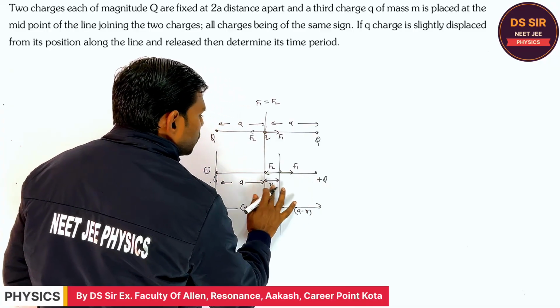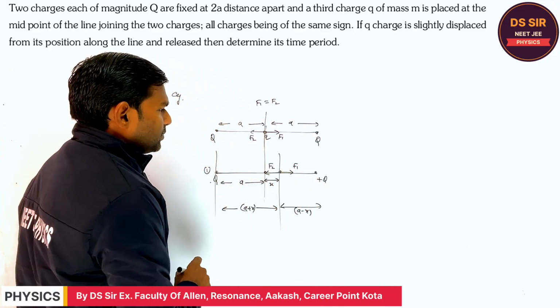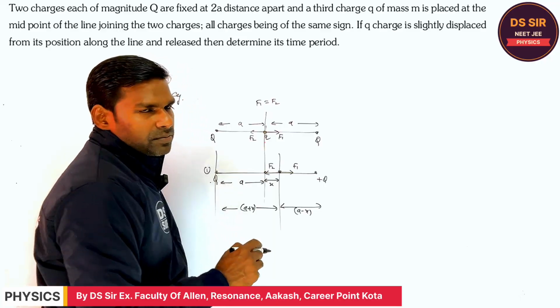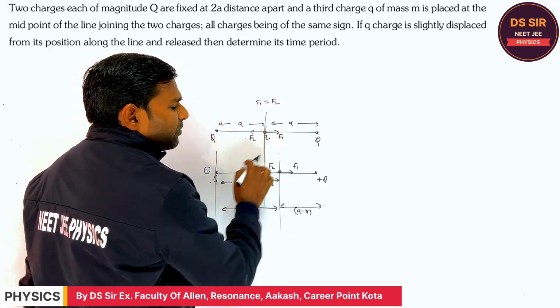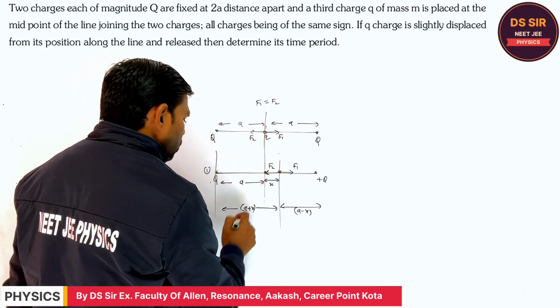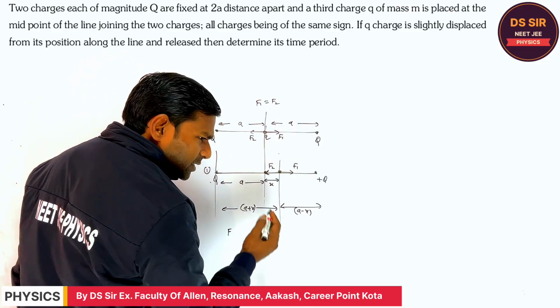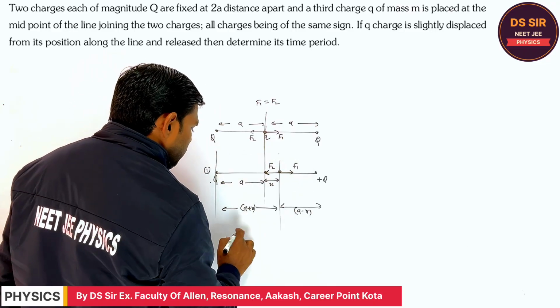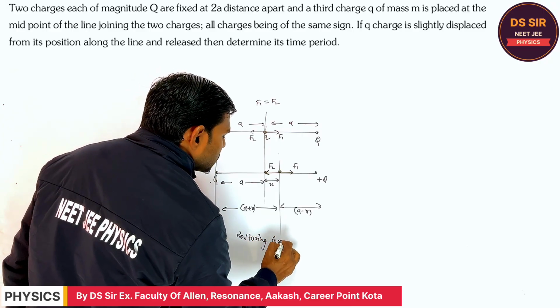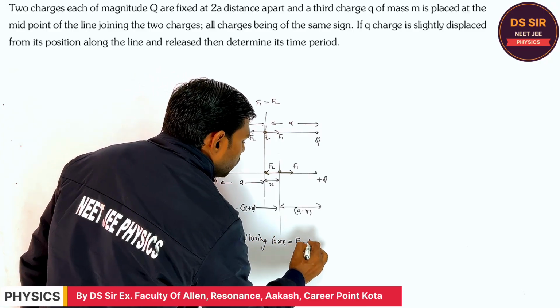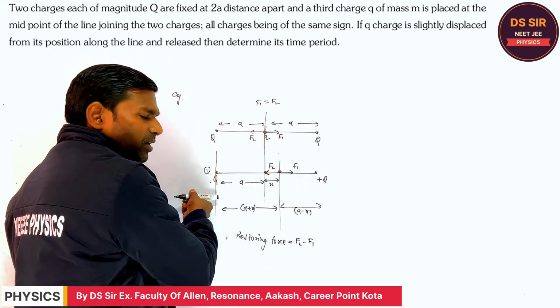Is it clear or not, you tell? Yes. So is it in equilibrium? Say no. Which force is greater, you tell? F2 or F1? F2. So what is the net force, or you can say the restoring force? It is F2 minus F1.